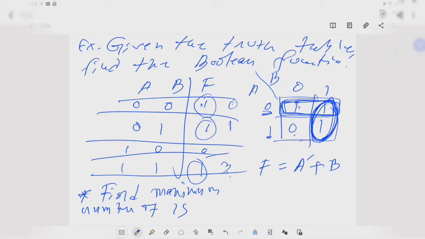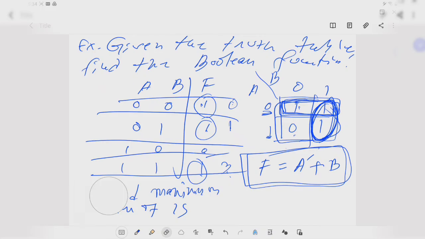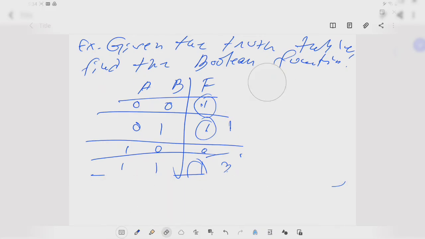So now a prime plus b. This is the function for the truth table. That's how we find the simplified function from a K-map. Let's see more examples.